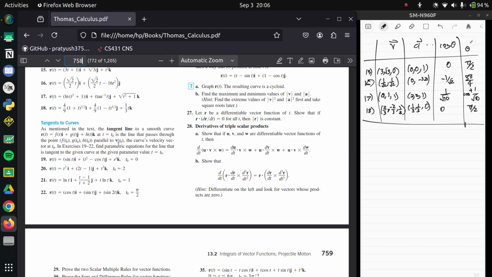So all you have is r minus r naught equal to some lambda times the v vector at t naught. Just the tangent line, we don't even have to find a tangent unit vector or anything. So let's get it started.